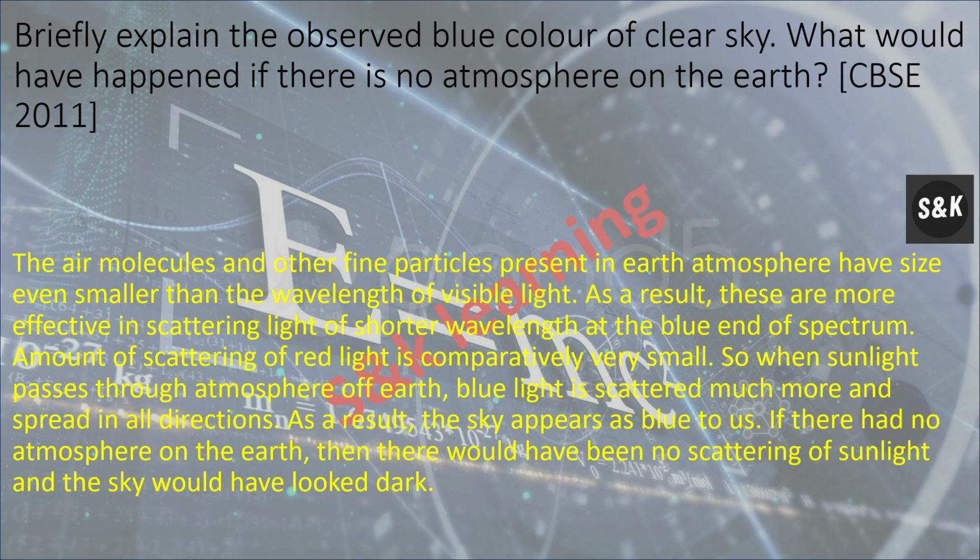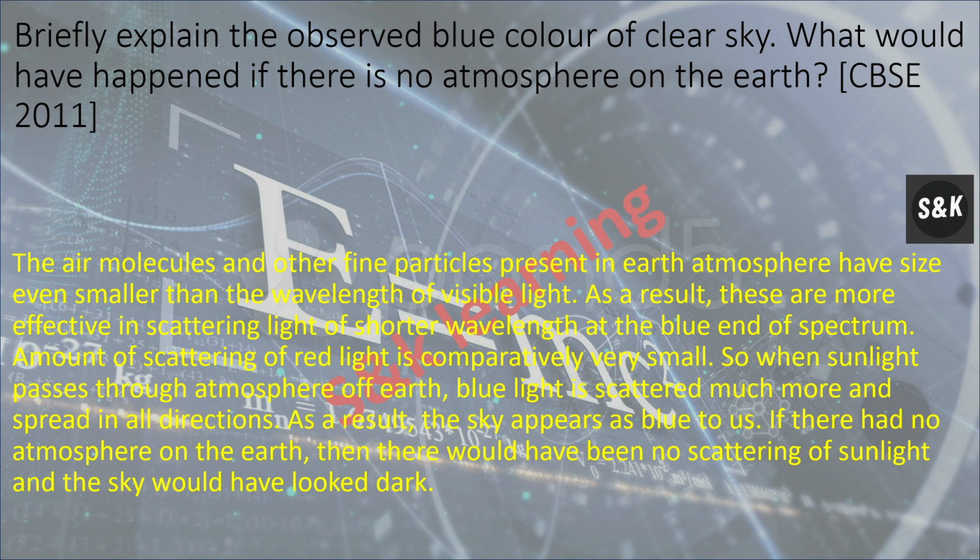Briefly explain the observed blue color of the sky. What would happen if there were no atmosphere on the Earth? The air molecules and the other fine particles present in Earth's atmosphere have sizes even smaller than the wavelength of visible light.